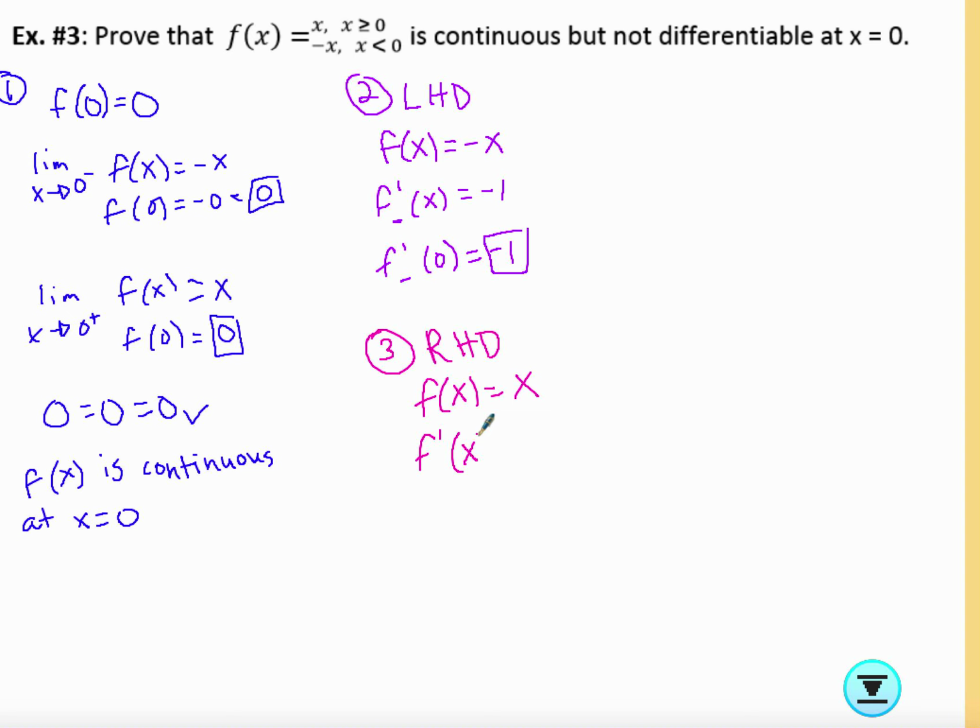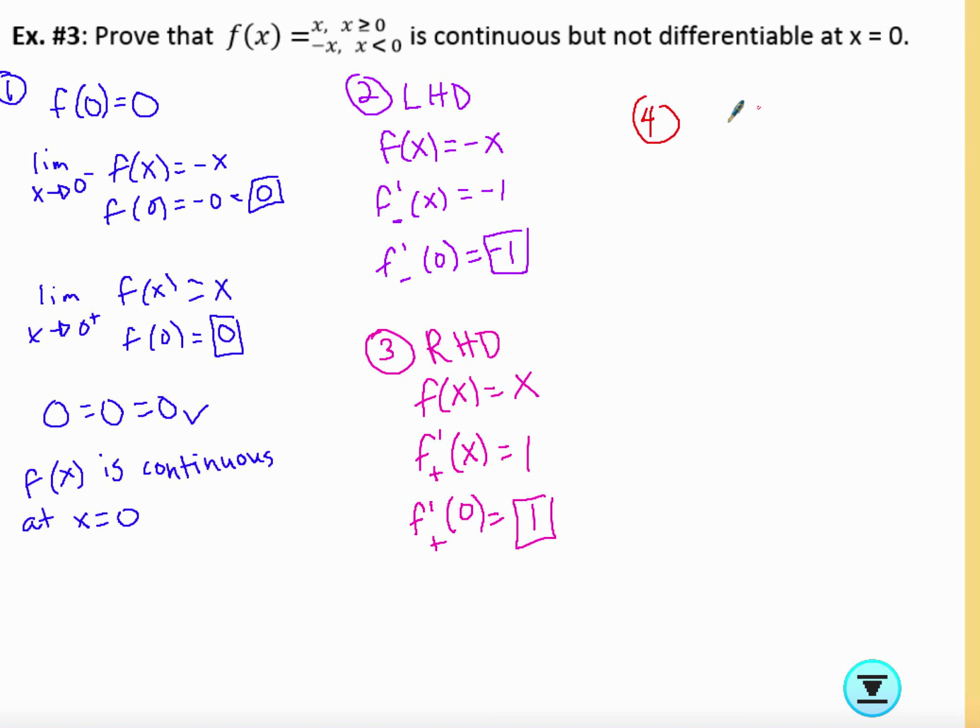This is now going to be the right-hand derivative, so I'll put the little plus sign there. And the derivative of x is 1. Of course, we are trying to find the derivative where x is 0, so let's substitute in a 0 for our x. It has no effect whatsoever because there's no x value there to sub in 0 to, and we get 1.